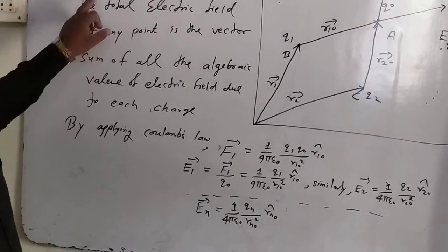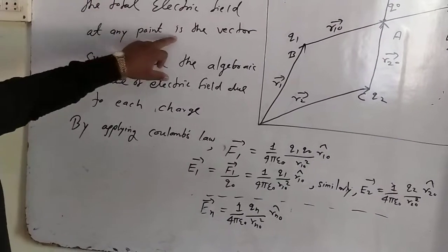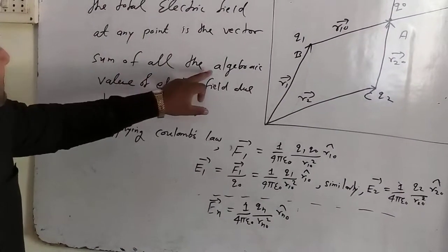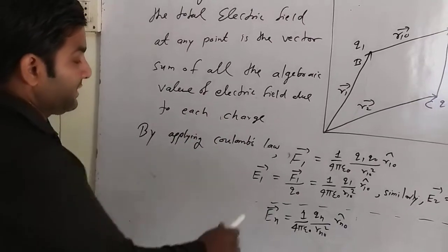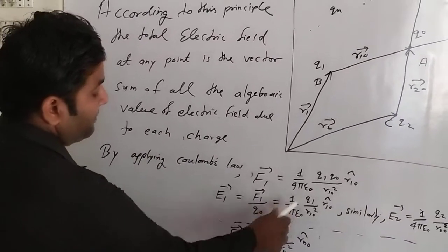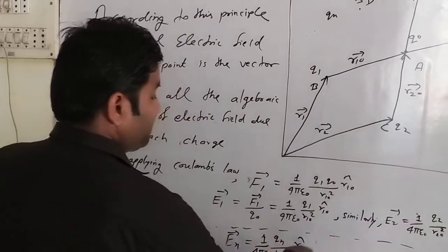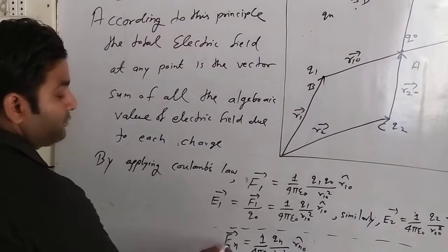Then coming to the statement: the vector sum of all the algebraic values of electric field due to each charge. Here is the electric field value due to charge Q1, due to charge Q2, same as Q3, Q4 and Q5 up to Qn.